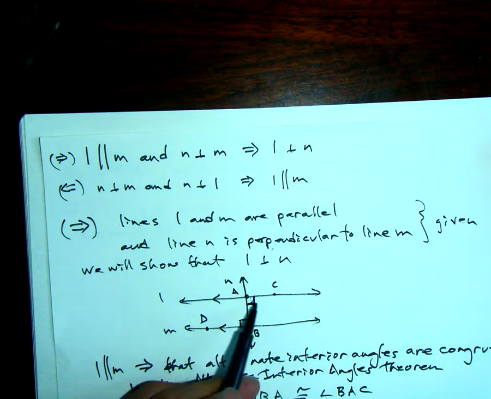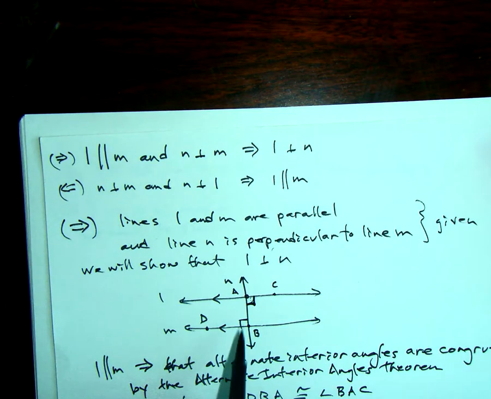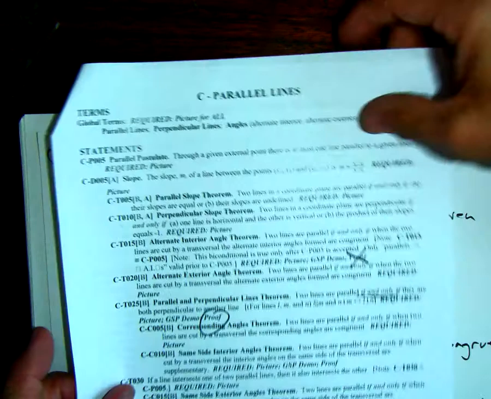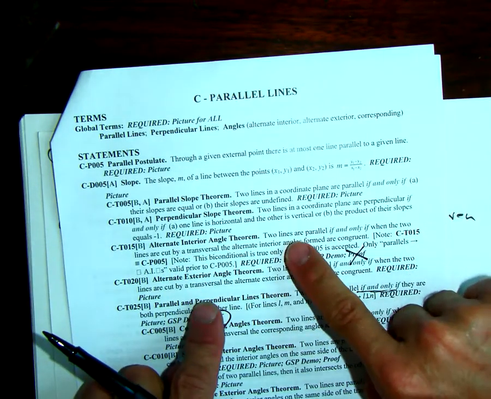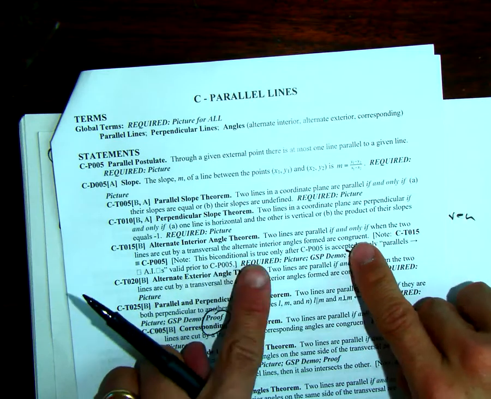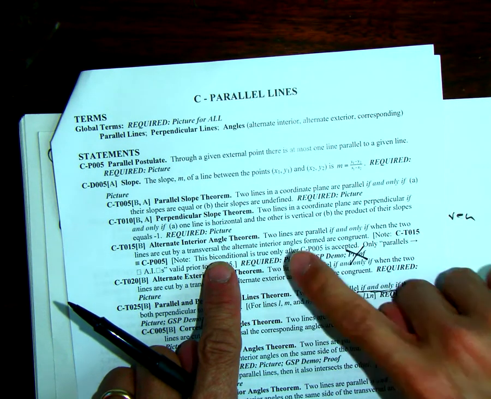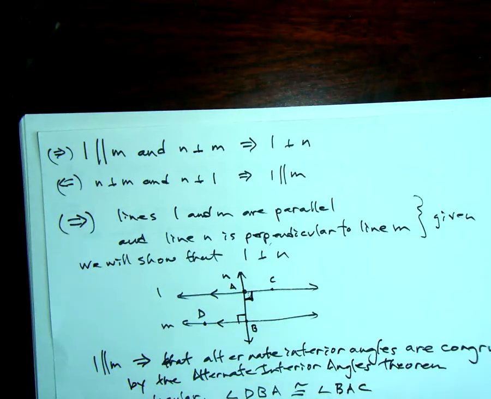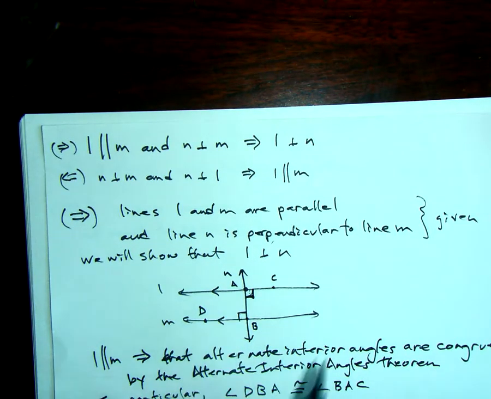Because they're both right angles, they're congruent and they're alternate interior angles. So we come back to, again, the if and only if on the alternate interior angles theorem. If they're parallel, their alternate interior angles are congruent. But also, going the other direction, if the alternate interior angles are congruent, then they're parallel, and that's what we want to show. That's the logic here.